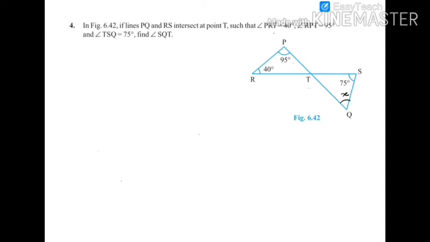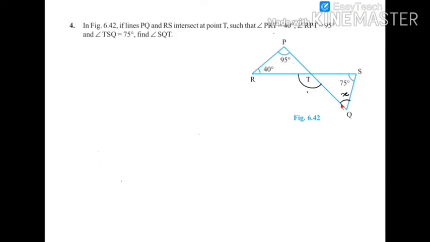Try to mark one exterior angle in this figure. Angle RTQ is an exterior angle. Can you identify to which triangle this angle is an exterior angle? In triangle RPT, side PT is extended to point Q. Therefore, angle RTQ is an exterior angle to this triangle.